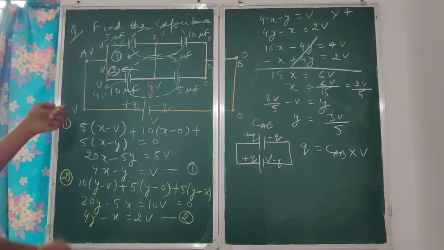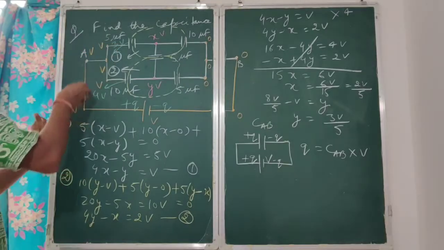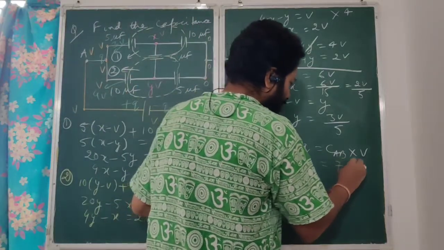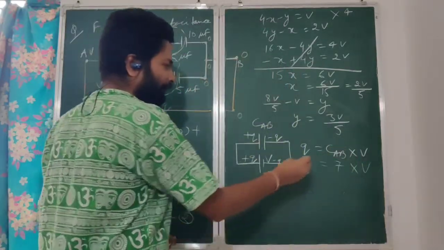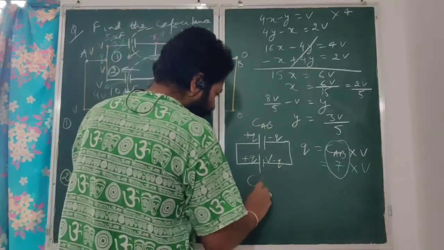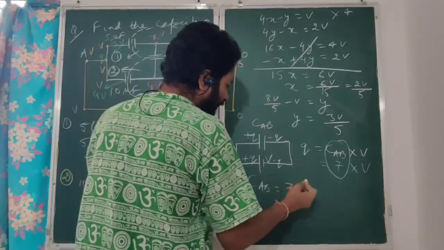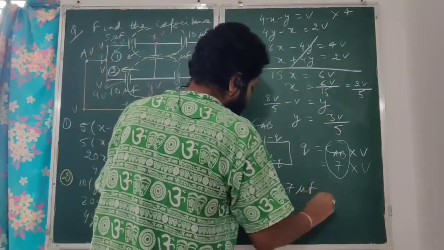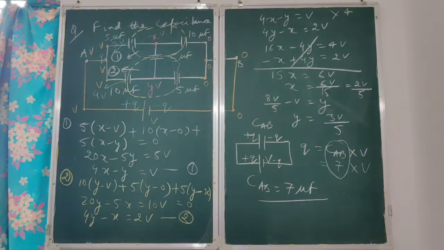Here Q is getting divided into 4V and 3V, which is 7V. So we can write this as 7 into V. So what is the value of C_AB, the equivalent capacitance between A and B? This is equal to 7 microfarad. So this will be the answer for this question.